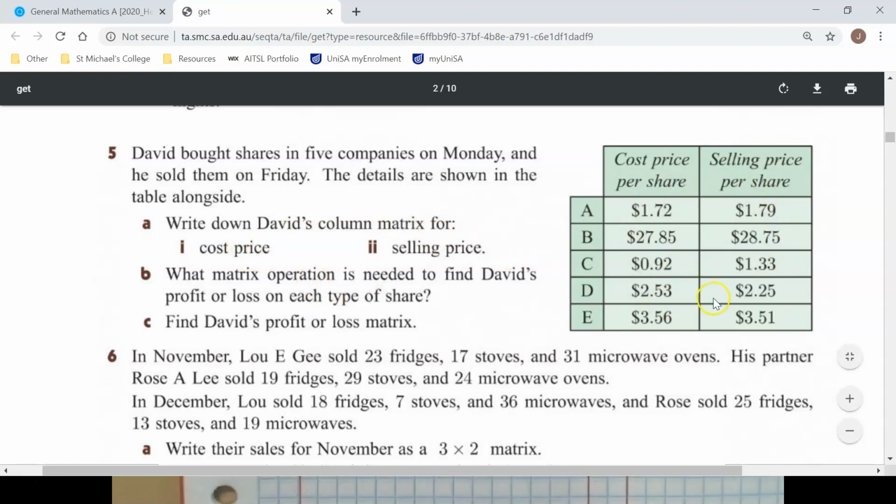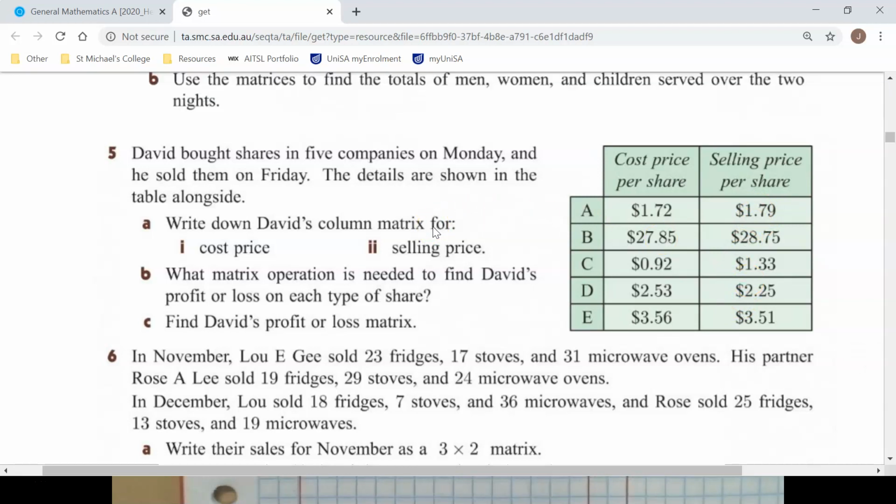So here's our table. He's got 5 different shares that he bought. Now these are the cost price and these are the selling price. So they just want us to write down matrices for each of those.